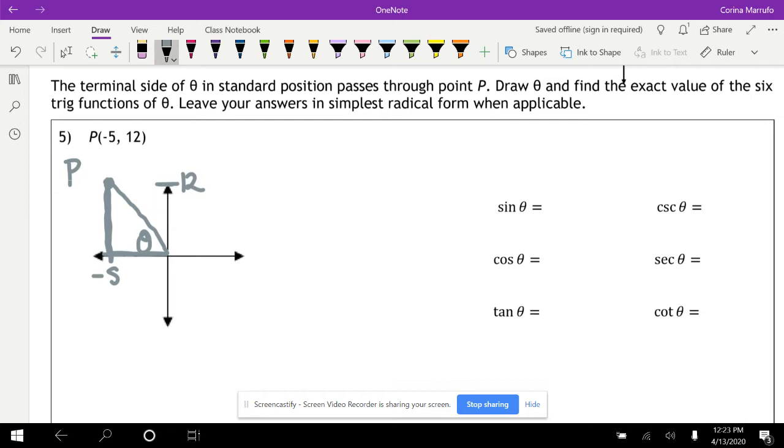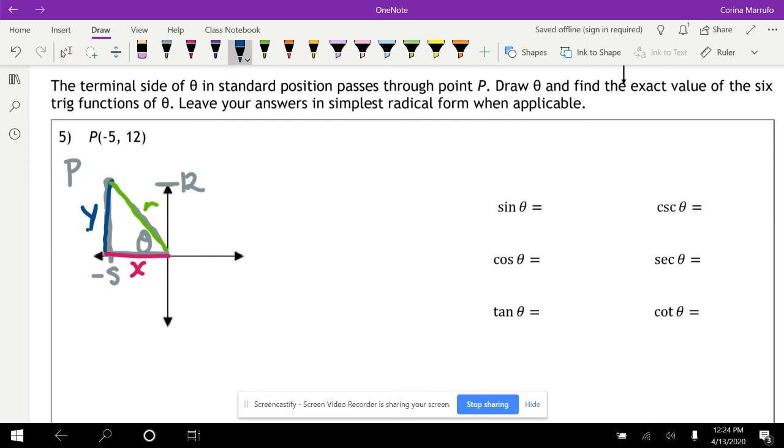Okay. Now this part is our x value. This part is our y value. And then this part is what they consider the radius. Okay. So then when we are making our 6 trig functions, now you can use opposite, adjacent, or hypotenuse. I'm going to use y, x, r just because this is the way the lesson is set up and you will see it like this occasionally.